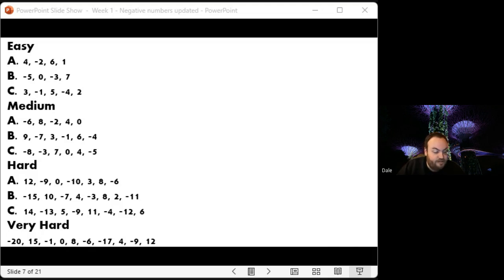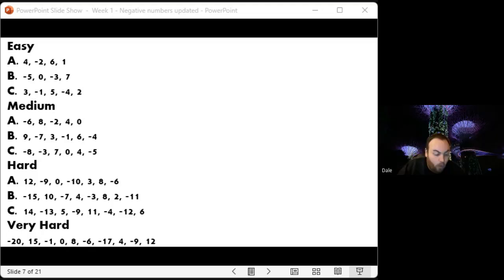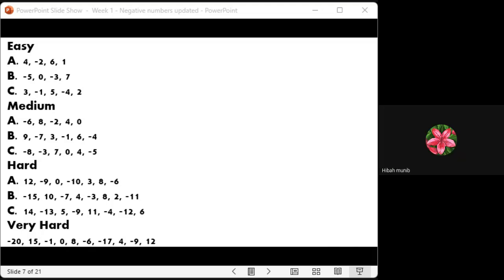Vishnu, can you read out the answer for medium B, please? -7, -4, -1, 3, 6, 9. Wonderful, good. Hiba, can you read out the answer for medium A, please? -6, -2, 0, 4, 8.